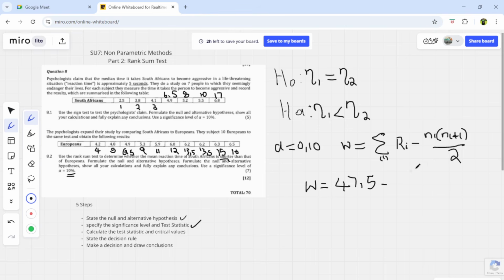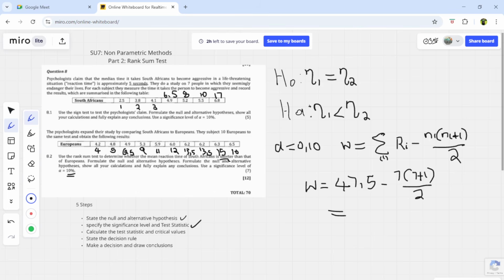47.5 minus, sample size number 1 is 7. So you're going to say minus 7 into 7 plus 1 close bracket over 2. This is your test statistic.